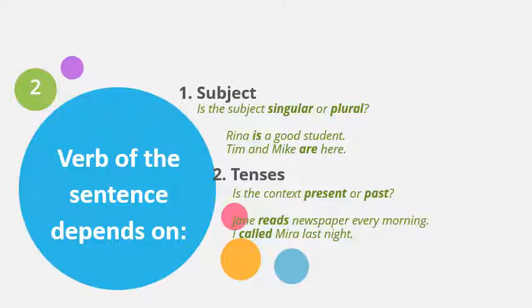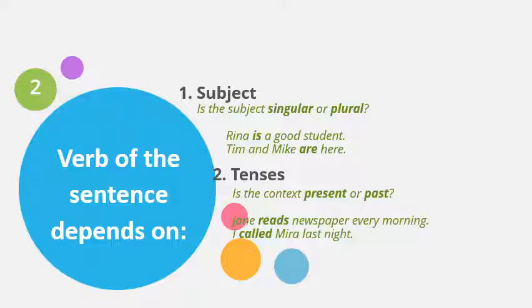So why do we use are? Let's see the subject. The subject that we have is plural, jamak, or more than one. We have Tim and Mike. That's why we can say that the verb depends on the subject, if it is singular or plural.